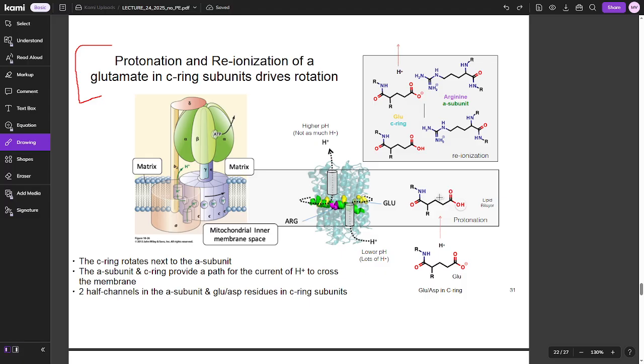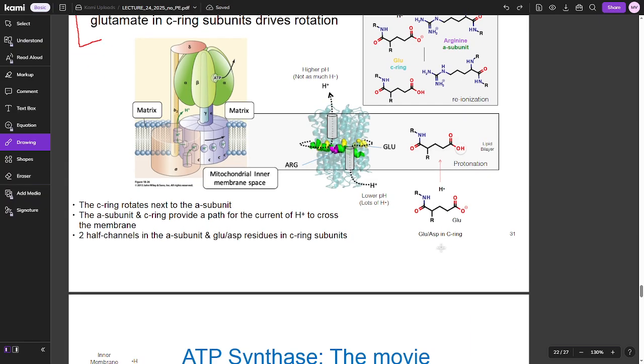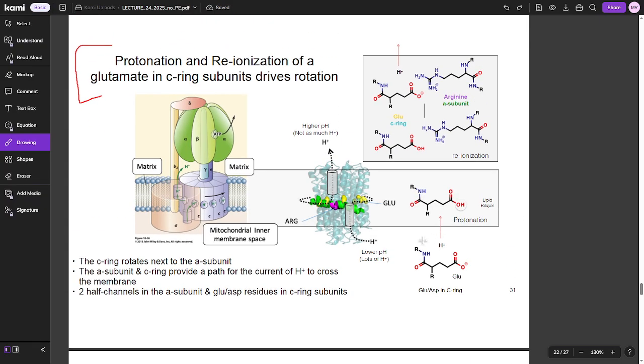When that happens, it leads to a spinning motion. I'm trying to see how they did this exactly, because they're doing it a bit differently than I'm used to.